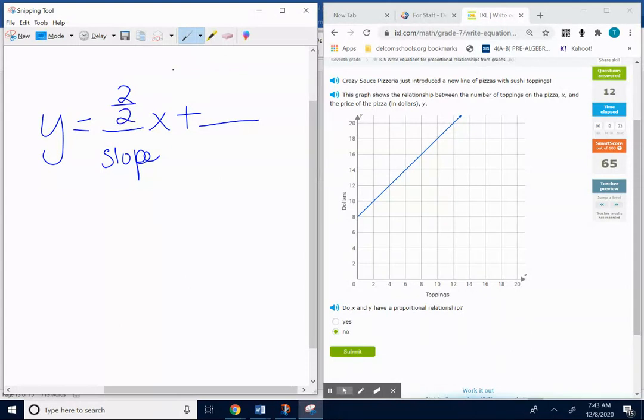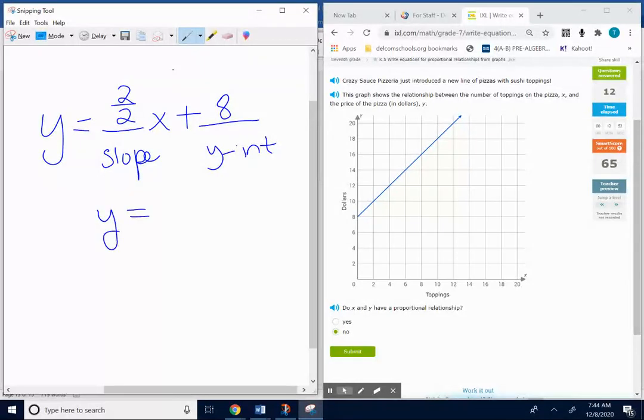Okay, but the y-intercept is what you have extra when you have a non-proportional line. The number at the end of your equation is the y-axis intercept. Okay, that line crosses the y-axis at 8. So your equation of this non-proportional graph is y equals 2 over 2x plus 8.